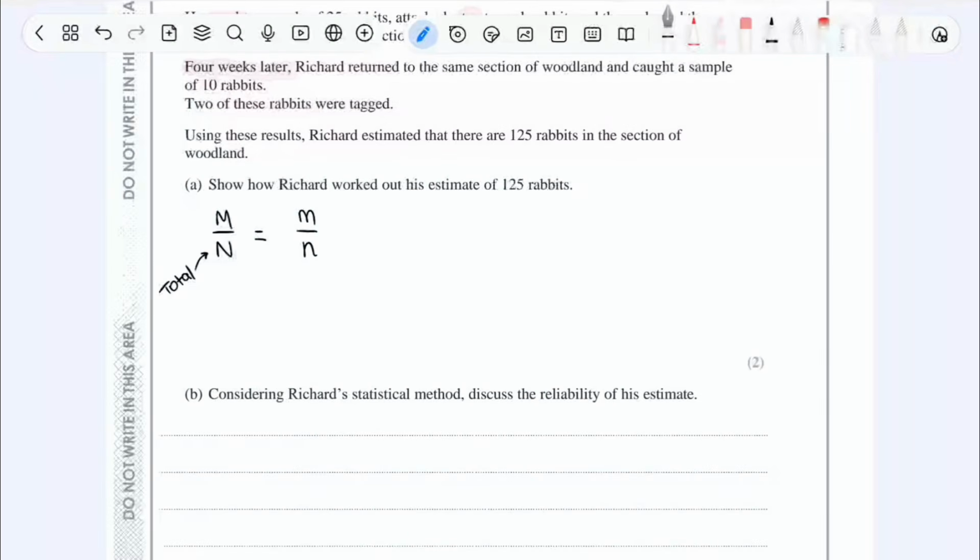Uppercase M demonstrates the number in our original sample, or the first sample. Lowercase n, on the other hand, represents the number in our second sample. And lowercase m shows how much of that second sample were originally tagged.